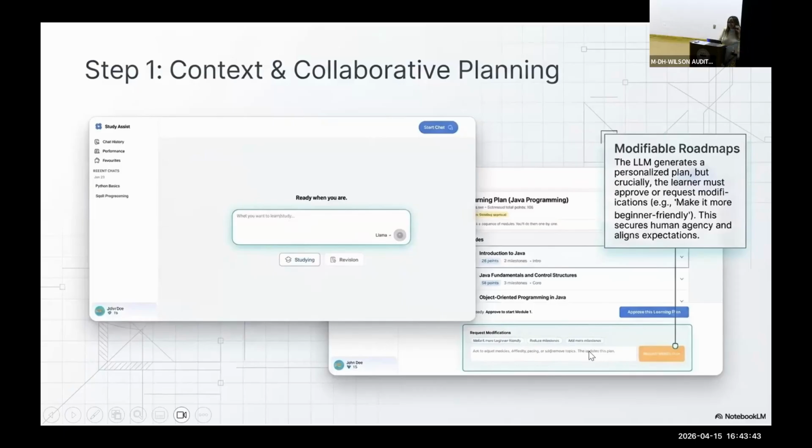They may want to reduce the number of milestones. Do they want more milestones? Do they want to delete a particular module? All of those sort of things. So they can do that in this request modifications box down here. And then they would accept that particular plan, that roadmap, that particular lesson plan.